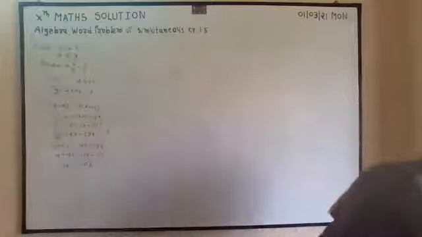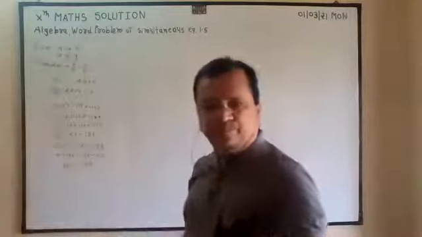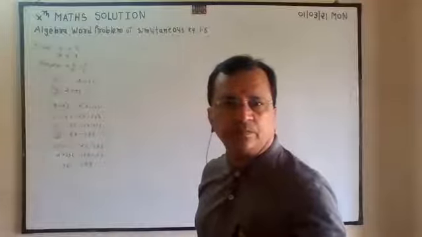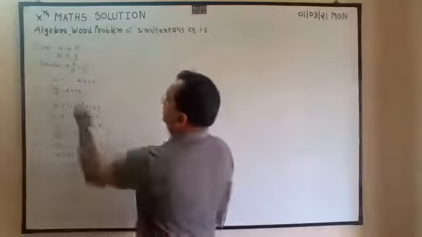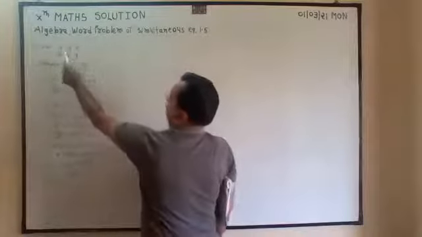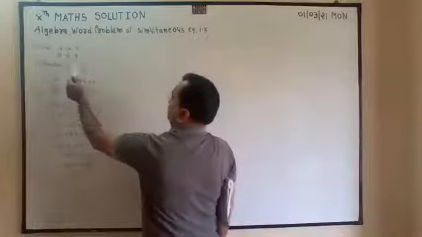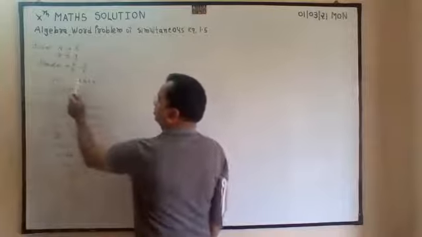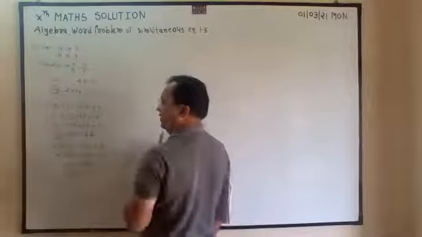Okay, let me check. In the fraction, numerator is x, denominator is y. So the fraction is x by y. Condition number 1, denominator is twice the numerator plus 4. 4 more than the double of the numerator.